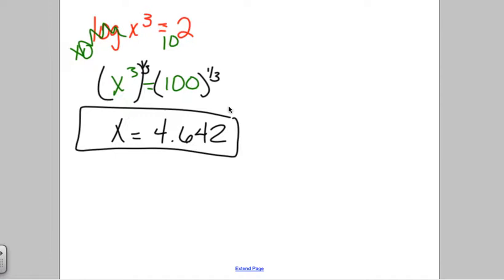Okay, now we're going to look at some of the problems from your packet that I gave you, actually. The Chapter 5 review exercises. You have the formulas for each one of these. So we're going to look first at simple interest.